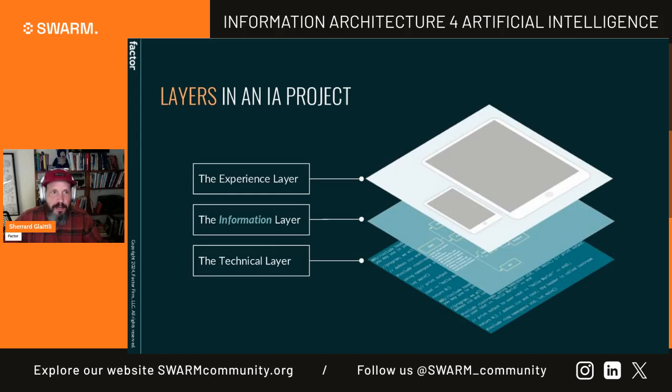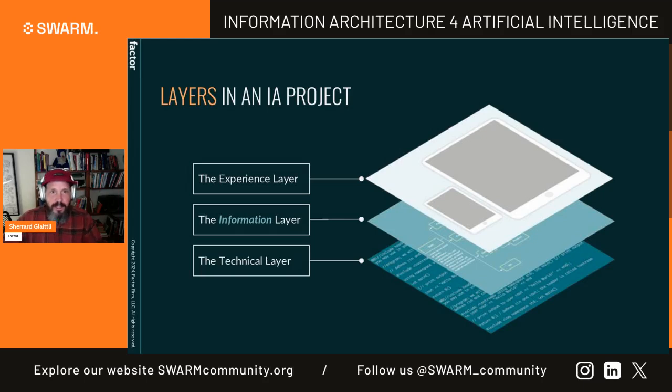The information layer is the section where information architects are mostly focused, which is where you're working directly with the taxonomy, data models, information architecture, and that's one layer above the technical layer, which is where the enterprise architects and IT tend to operate. The implementation of the systems themselves.